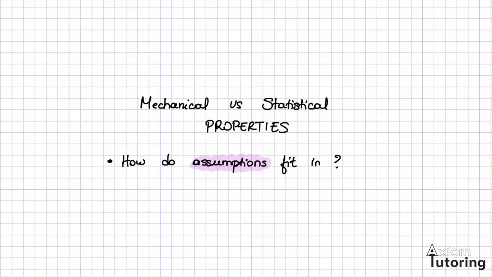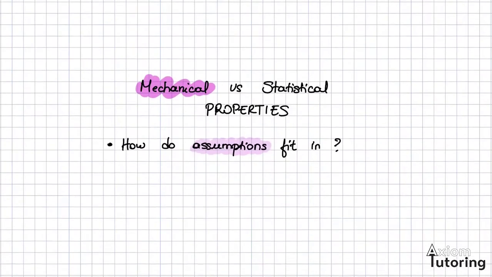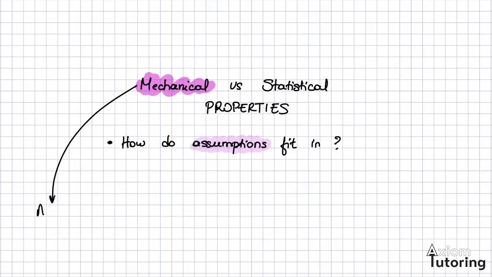Now, keep in mind, mechanical properties come directly from algebra. So that means that they are true for any kind of data that you will be looking at. So, always true.